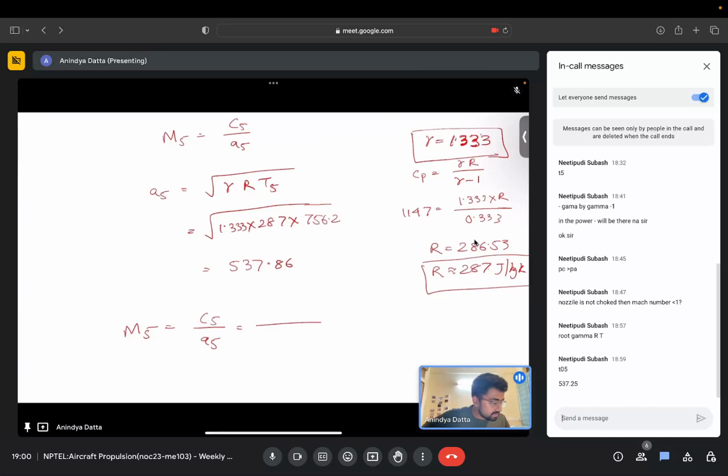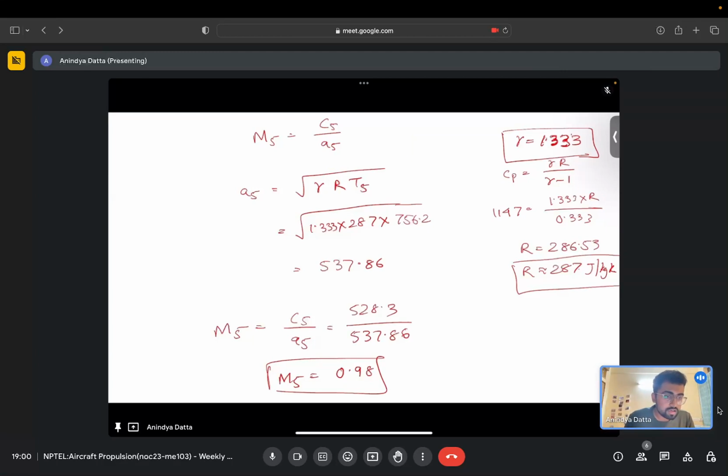So c5 was 528.3 divided by 537.86, right? This is less than 1. So the Mach number is 0.98. All right, so this is clear. We have seen that the nozzle is not choked, and we are also getting the Mach number at exit less than 1.